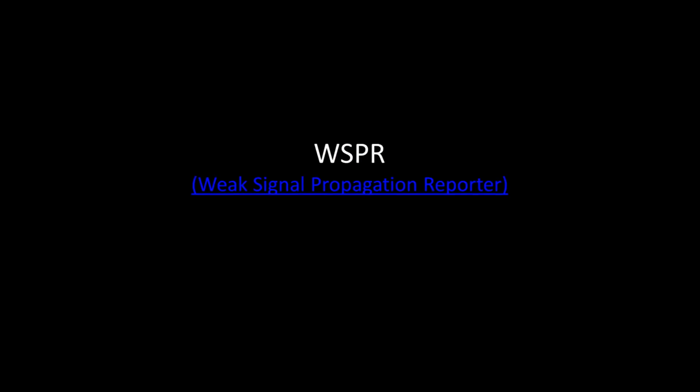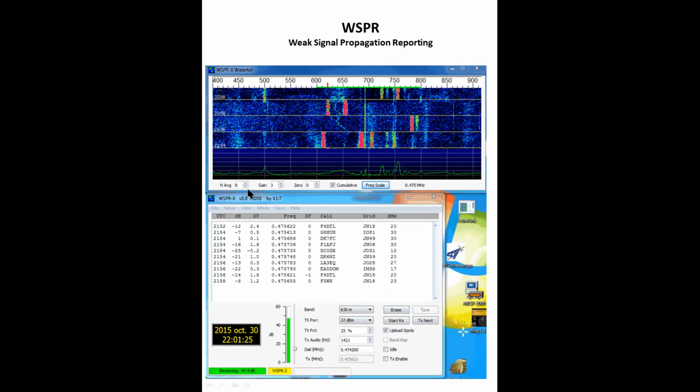So I'm tacking on this weak signal propagation reporter. It's a part of that FT8 package, and I've been using it the past couple of weeks, trying to understand propagation during the day and evening and night times. So this was something I put together. In fact, you may have got an email with this attached to it.